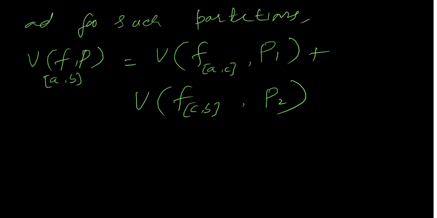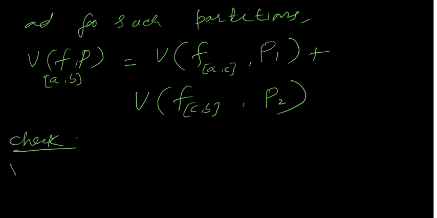This is simple. If you expand this partition which contains the point C, then you have to break the sum at this point C, and you will get two variations actually. One is the variation of f over AC with respect to P1, and second is the variation of f over CB with respect to P2. You can easily verify it. It's not too difficult. You have to expand this variation actually, or if you want to verify it here, let's check it.